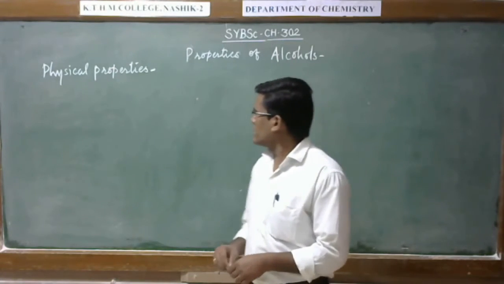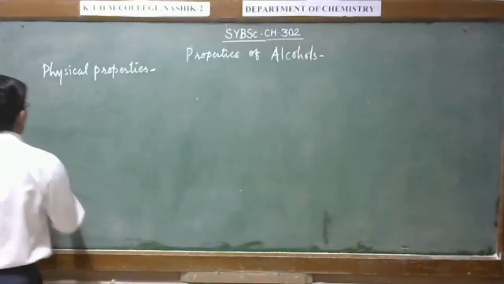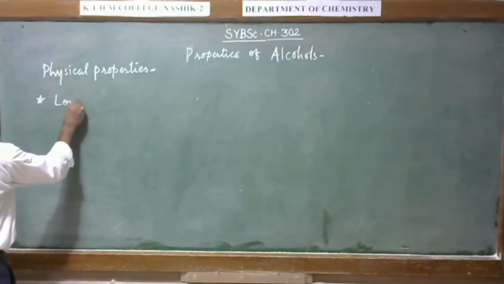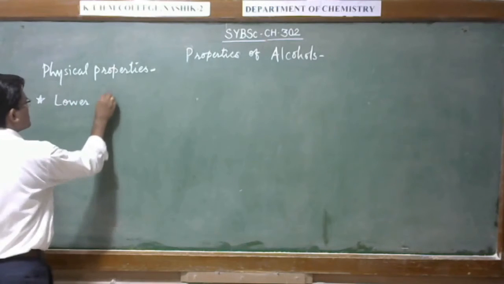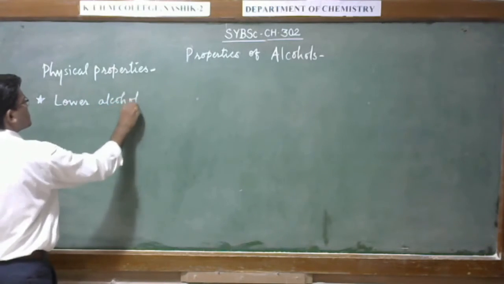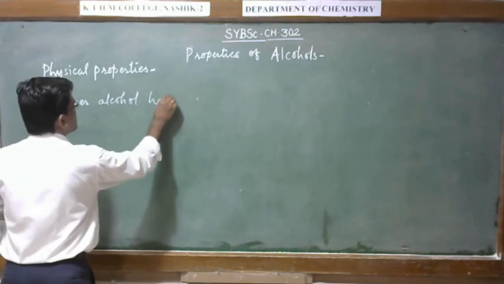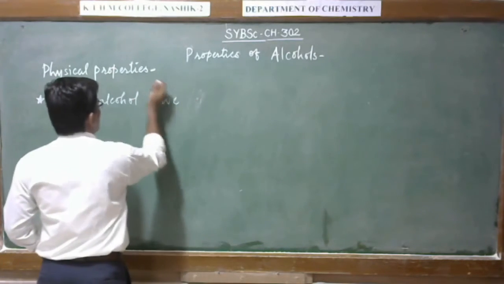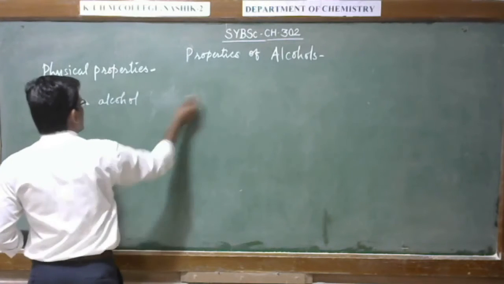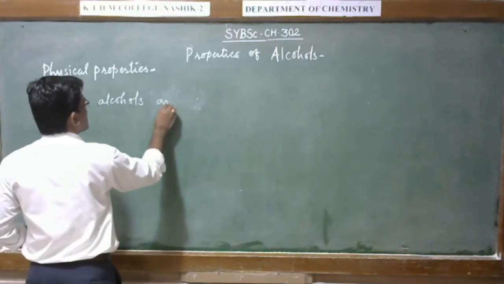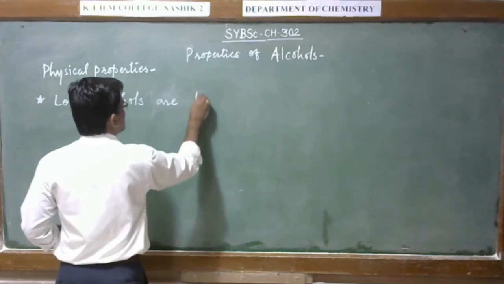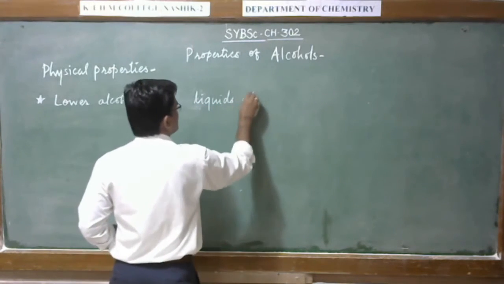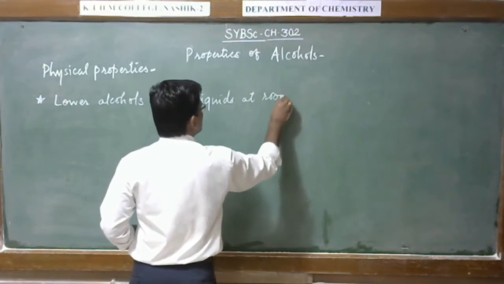So, physical properties. First one: lower alcohols are liquids at room temperature.